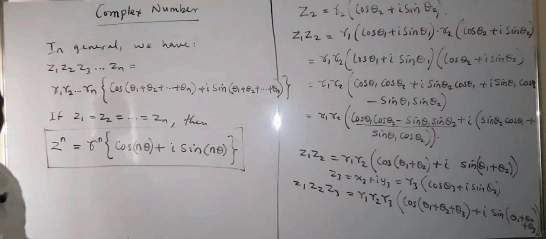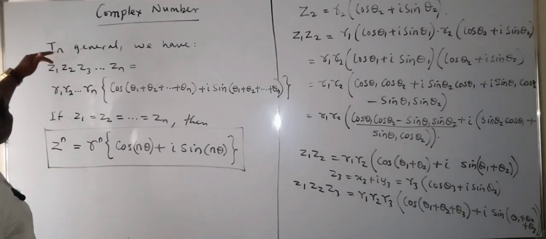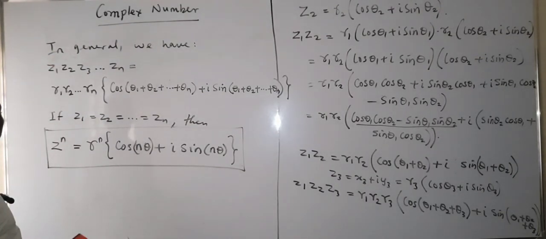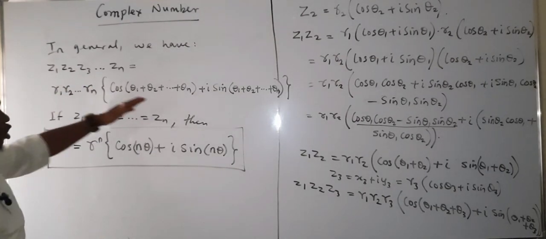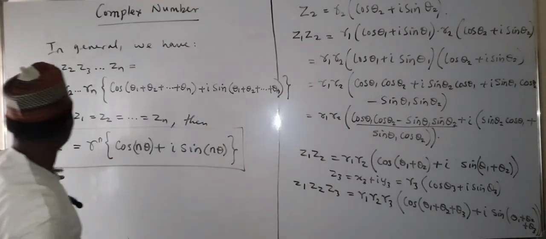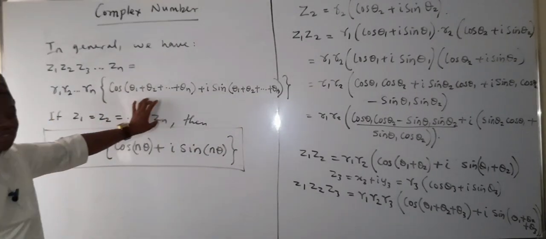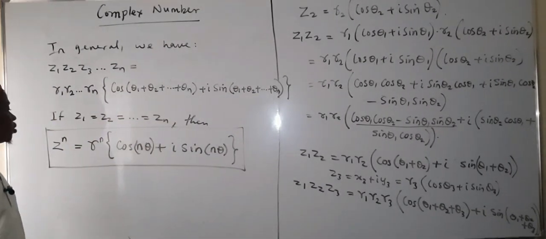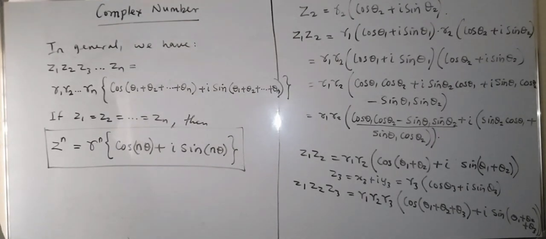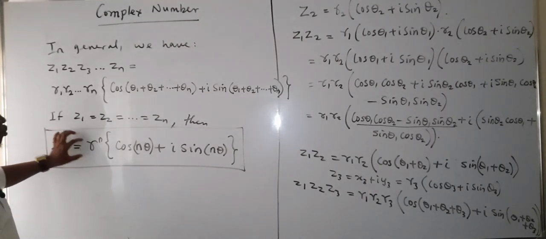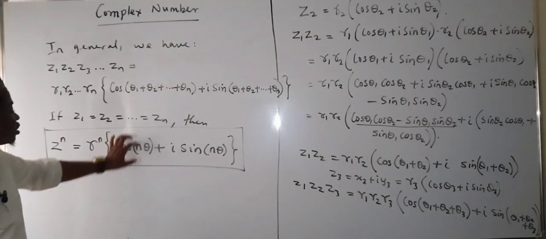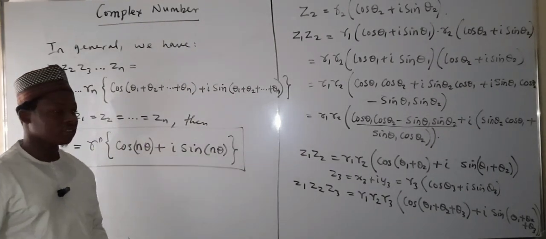The Moivre theorem is telling us that if we have the complex numbers z1, z2 up to zn, and we're able to get these identities up to this form, and we say that z1 is equal to zn, then this holds. So z to the power of n equals r to the power of n times cos n theta plus i sine n theta.